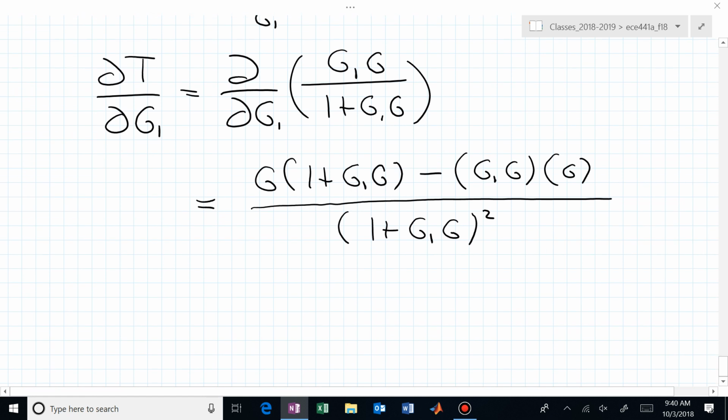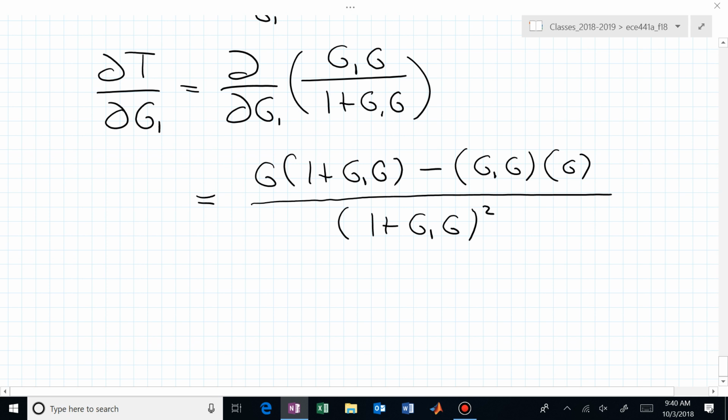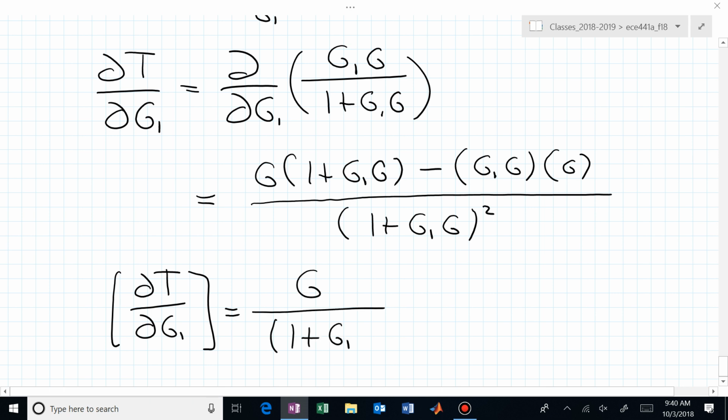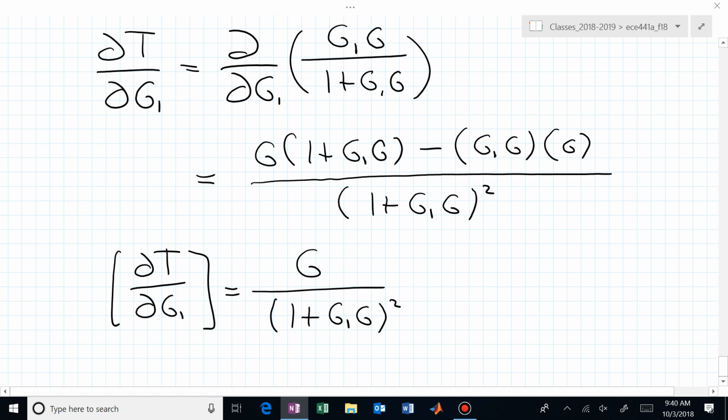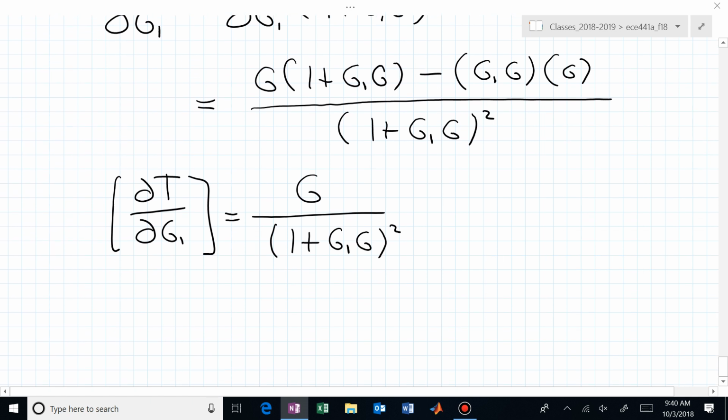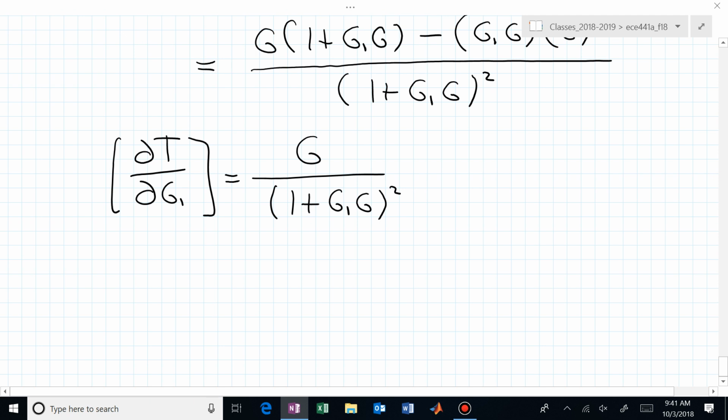But I hope you can see that that numerator simplifies considerably. We have a plus G1GG minus a G1GG. Those go away and we're just left with G in the numerator. We now know that the partial of T with respect to G1 as an expression is just G over 1 plus G1G squared. That's just a piece of the sensitivity of T with respect to G1.